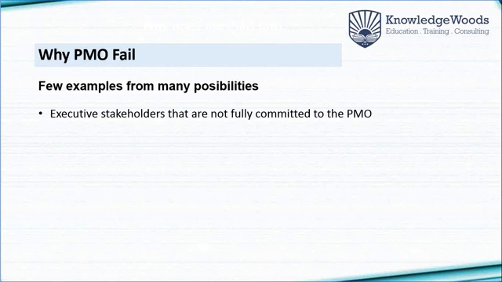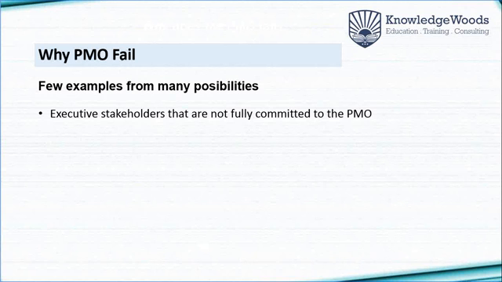less involvement of the executive stakeholders, the senior management. What do organizations do when a project is not being delivered successfully or on time? Senior management authorizes a PMO. And when it comes to taking crucial decisions and attending steering committee meetings, they send their junior executives to be part of those meetings, and they are absent because of time constraints.